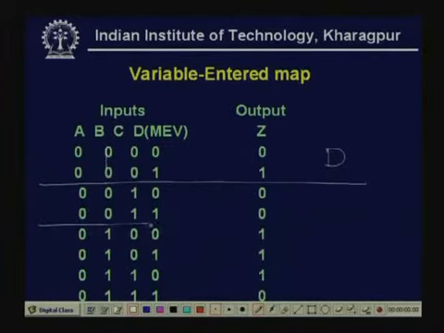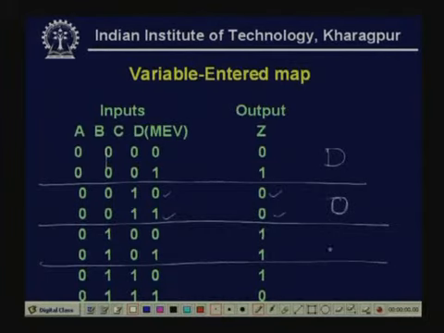Now for the second pair, see, for 0 0 1 means A bar, B bar, C. If D is 0, Z is 0, D is 1, output Z is 0. That means it does not depend on D, or it is independent of D, that means my output is 0. Similarly, here my output is 1 for this combination.